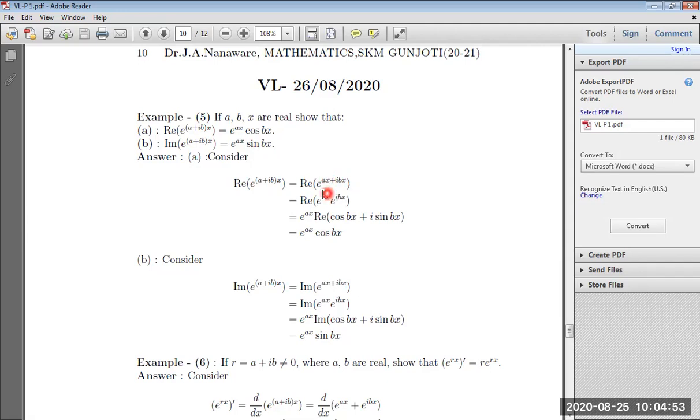One exponential function is real valued, and the other is a complex valued exponential function. Here you apply e to the power i theta, which is cos theta plus i sin theta, and simplify. So the real part is e to the power ax into cos bx, and the imaginary part is e to the power ax into sin bx, right? So that is the proof of this result.